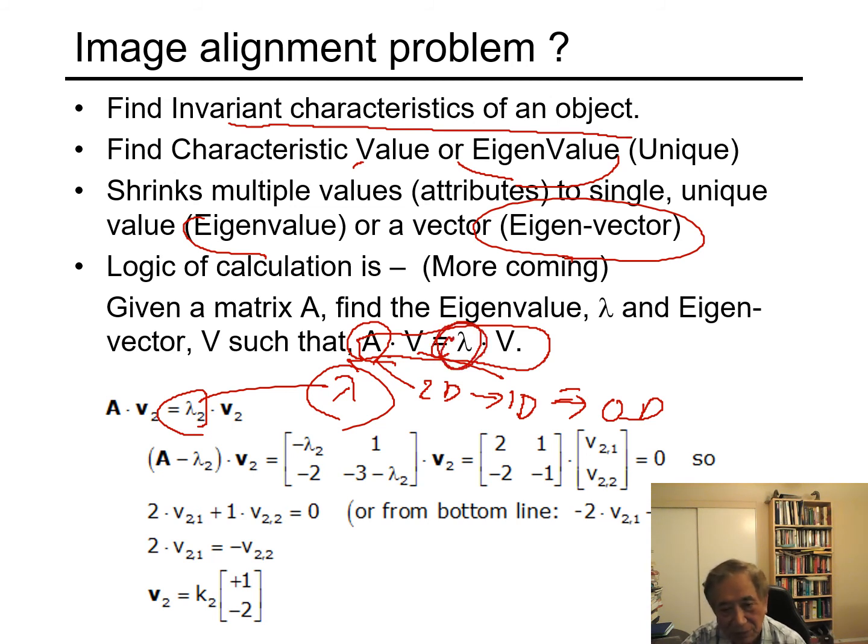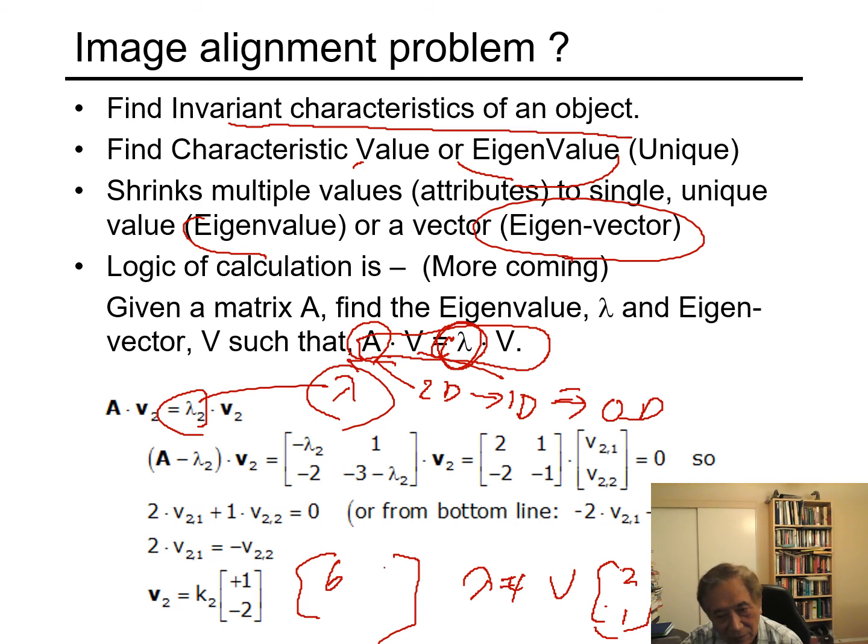Like in the previous case, lambda was 4, and our v was 2 and 1. So just one vector. Then the original data was 3, 2, 3, minus 2, something like that.